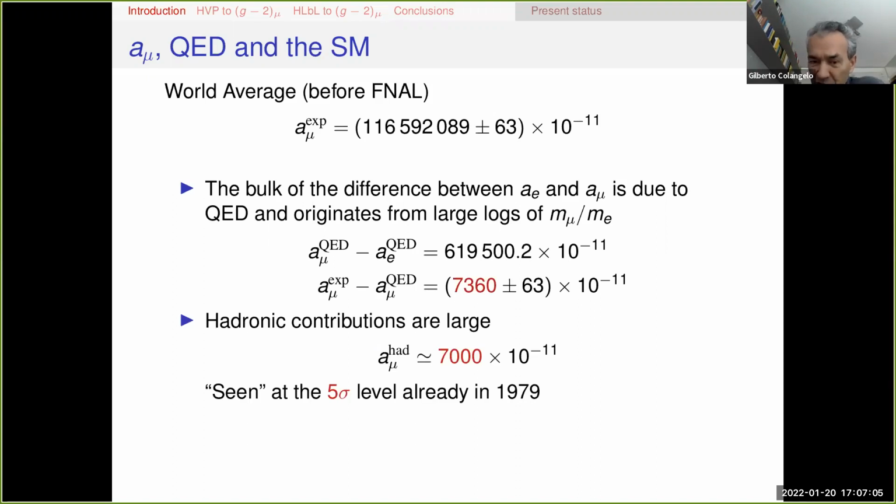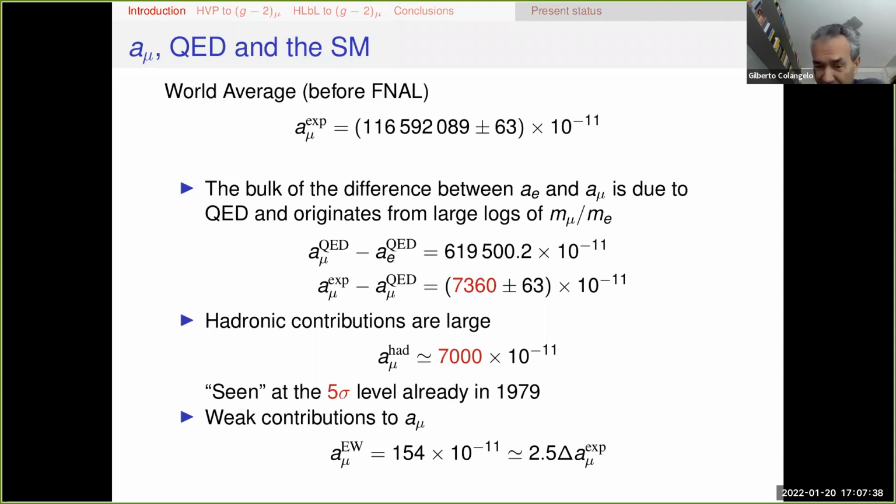Hadronic contributions, if you try to estimate them quickly, and for that you essentially need to take into account the rho contribution, are of about this size. And so if you see a difference between experiment and the QED value, it means that you are seeing the hadronic contributions. And that was already the case at the end of the CERN experiment at the 5 sigma level.